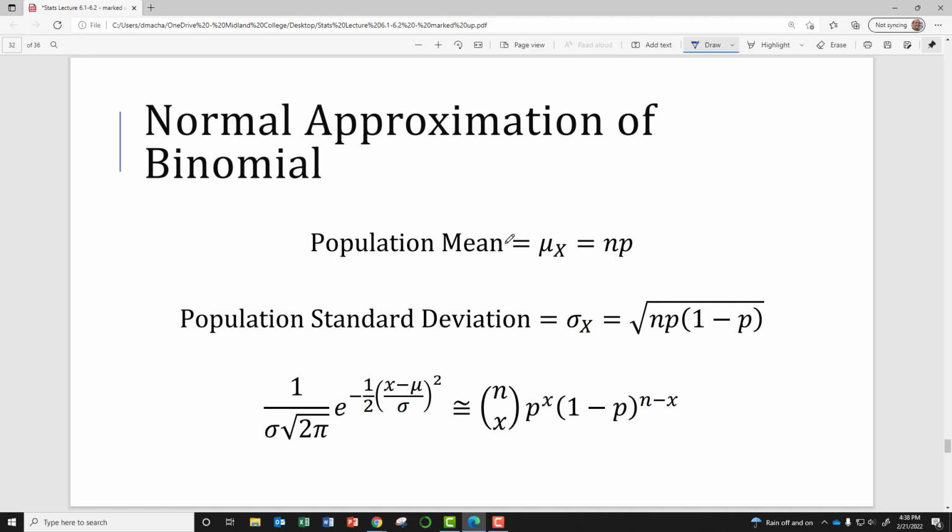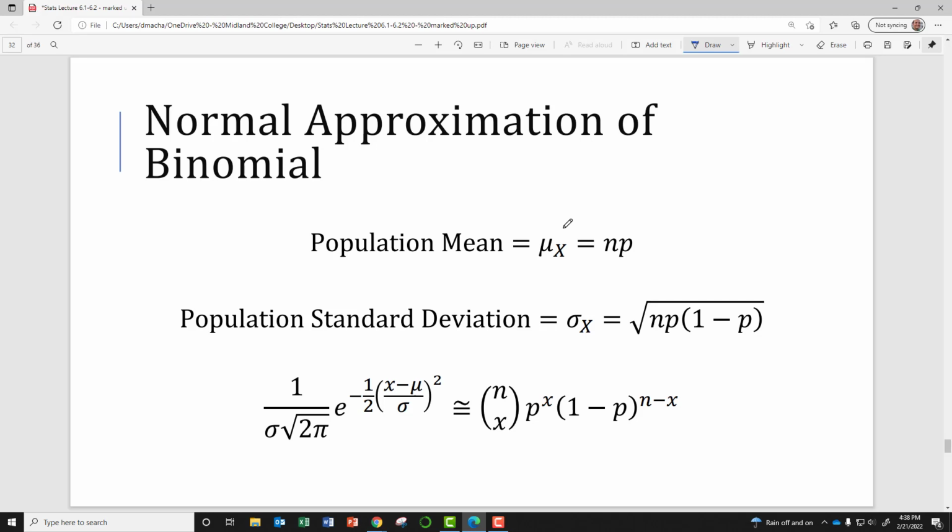Okay, so again, in that normal approximation to the binomial distribution, the population mean is n times p, the number of Bernoulli trials times the probability of success of one of those Bernoulli trials. And the population standard deviation is going to be the square root of np times 1 minus p.